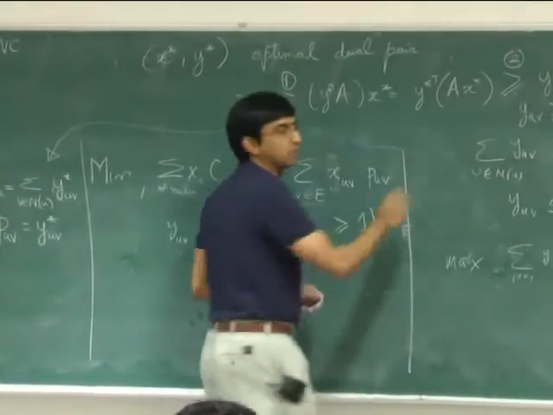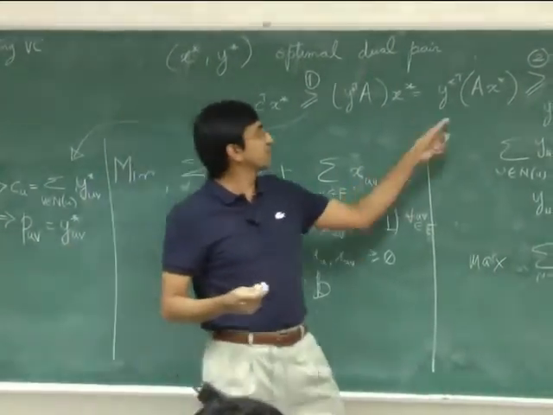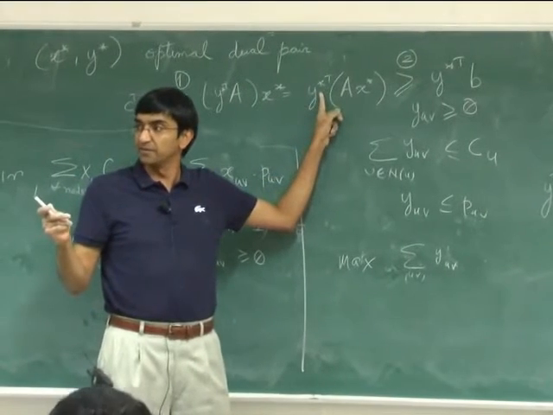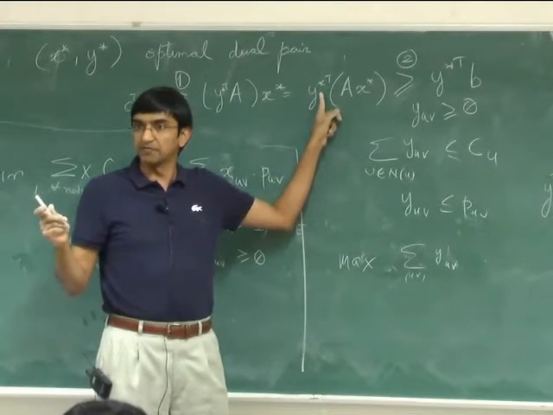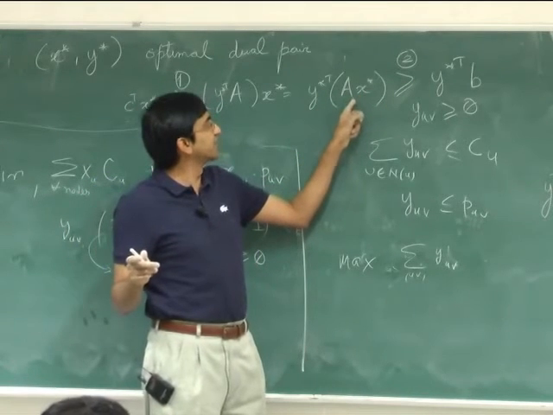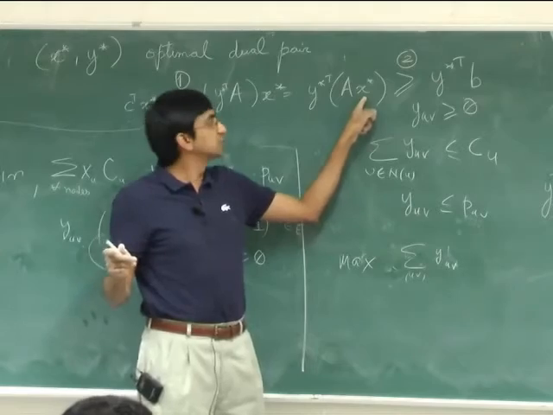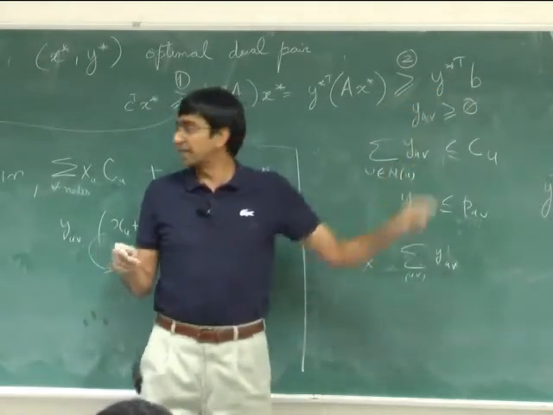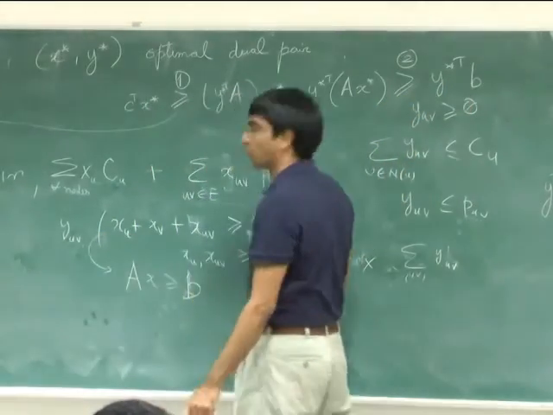What comes from the second one? If y is positive, then for this to be equal, the corresponding A dot x should be equal to the b. A dot x is this thing, b is 1.